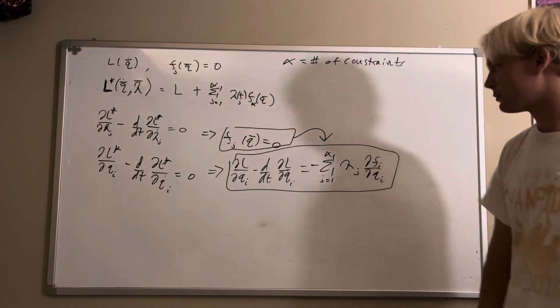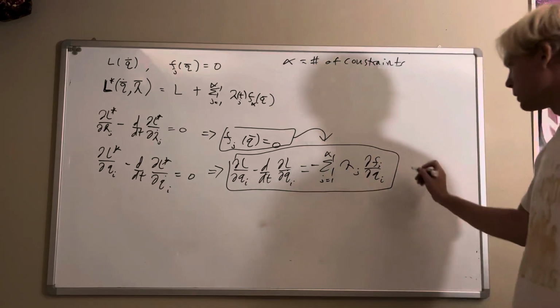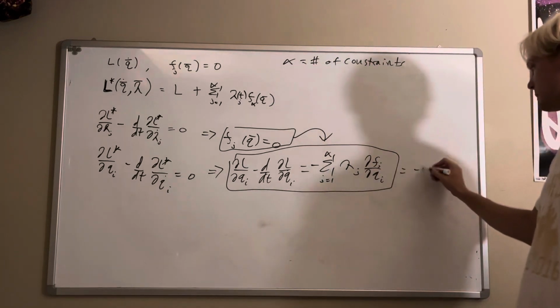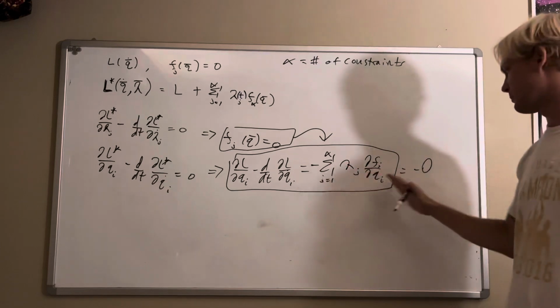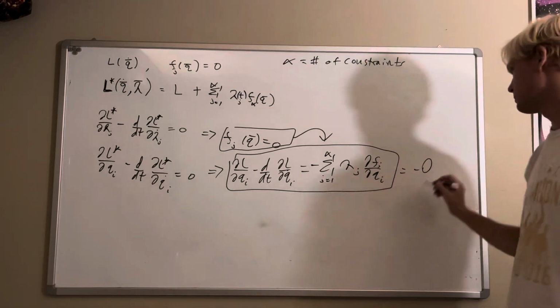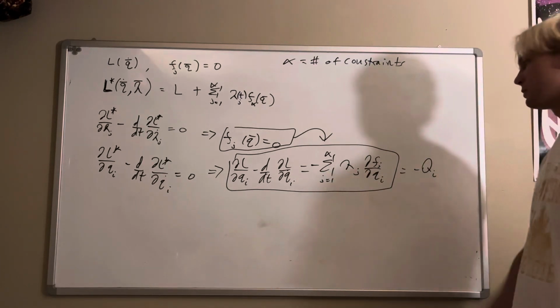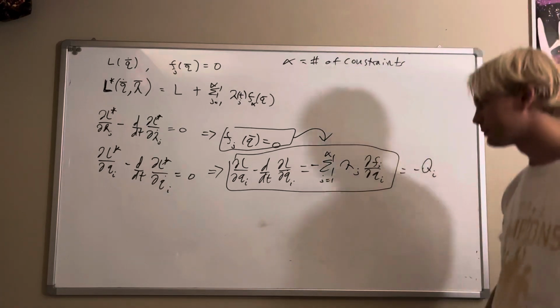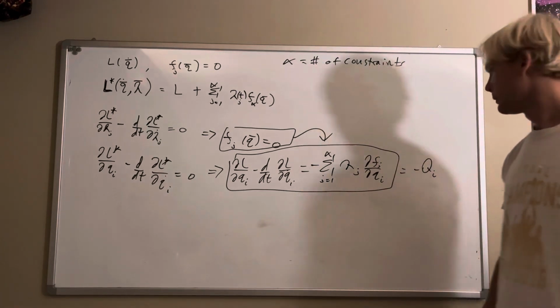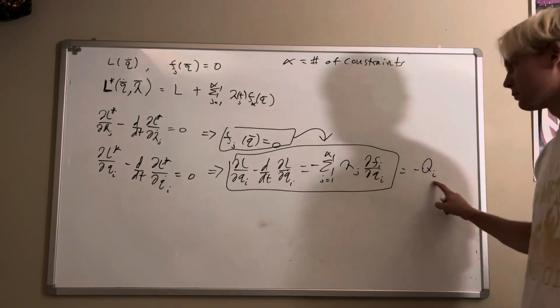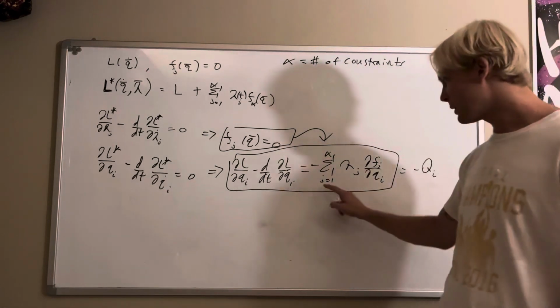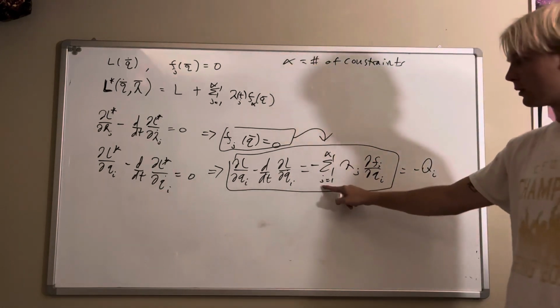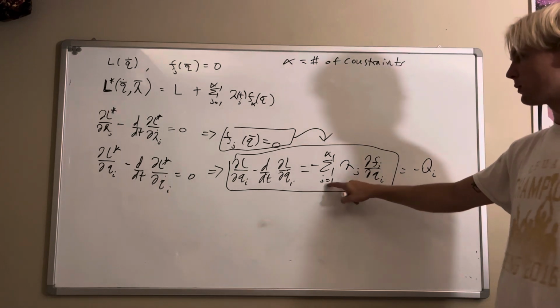This turns out this term is, the negative is the same, but this term right here is the ith generalized force. And i corresponds to the coordinate. The j, double checking, don't get lost. j stands for the constraint.